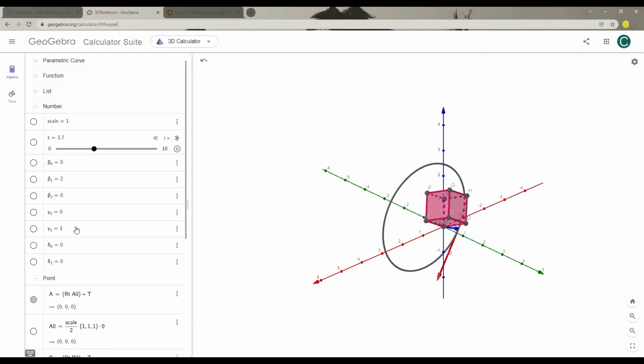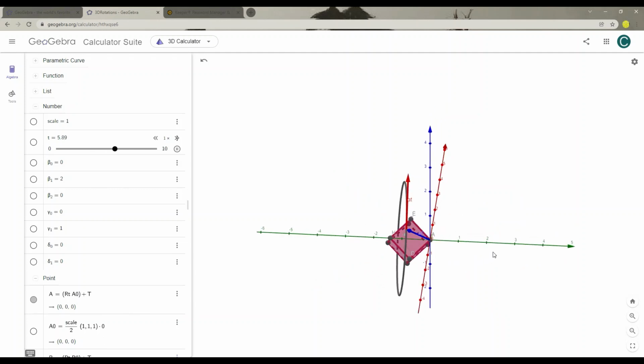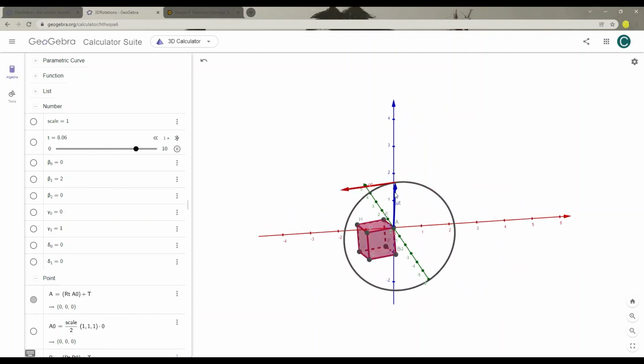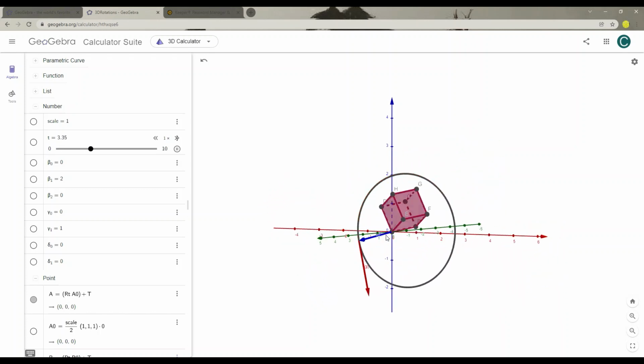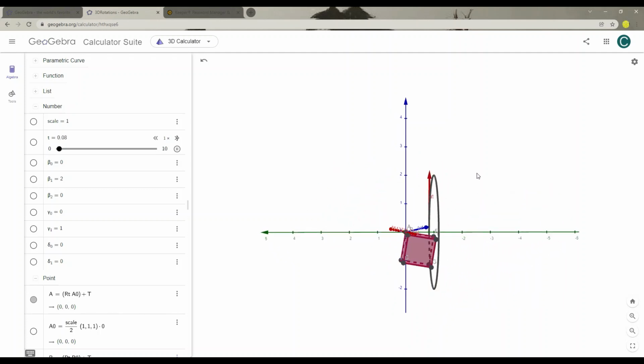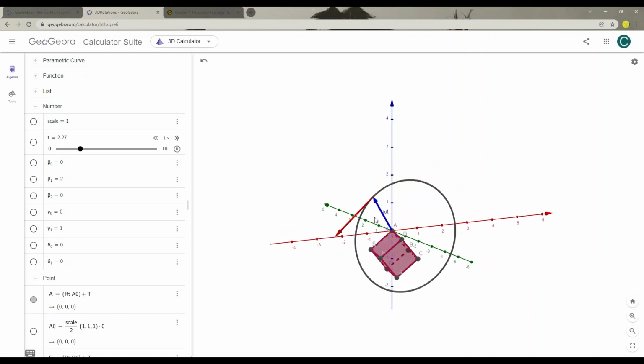So what we have here is, everywhere the blue arrow points, the cube is rotating in a way described by the blue arrow. The relationship between the points and the blue arrow is not fixed. It just describes at all times how the cube is rotating. Then the red arrow represents the angular acceleration, and it describes how the angular velocity is changing with time.